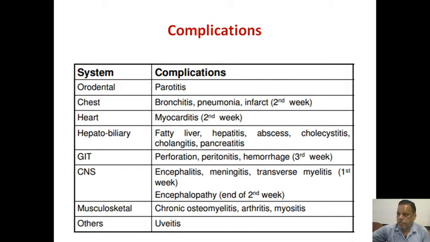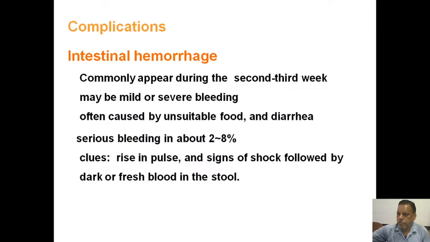The GIT, perforation, peritonitis, hemorrhage, they can be present. CNS, encephalitis, meningitis, transverse myelitis, GB-like syndrome may be seen. Encephalopathy may be seen as well. And chronic osteomyelitis, arthritis, myositis may be seen, and uveitis has also been reported in association with enteric fever.